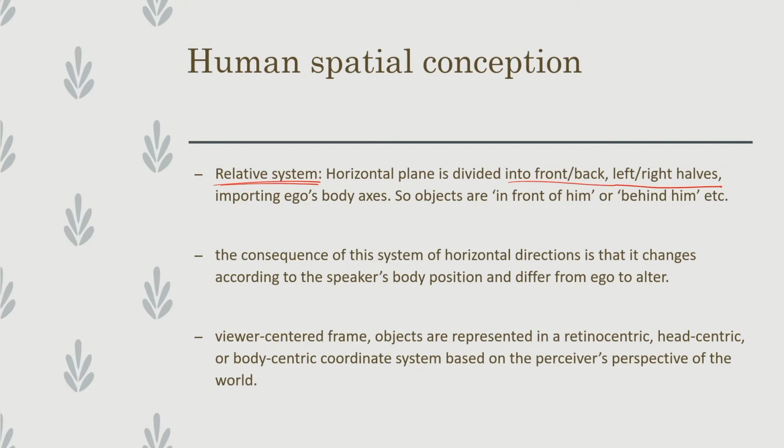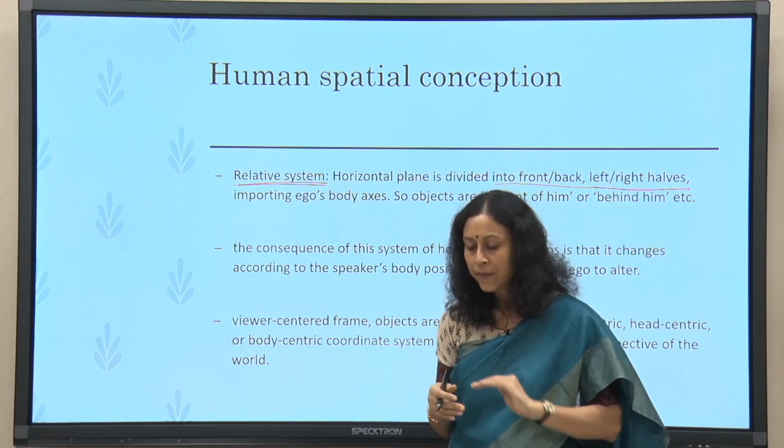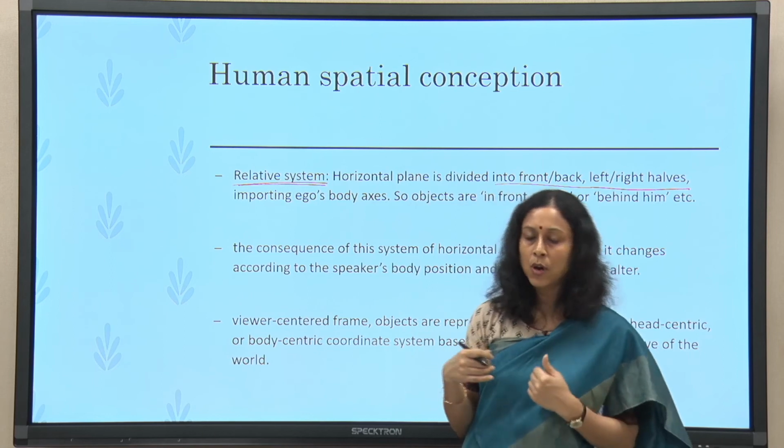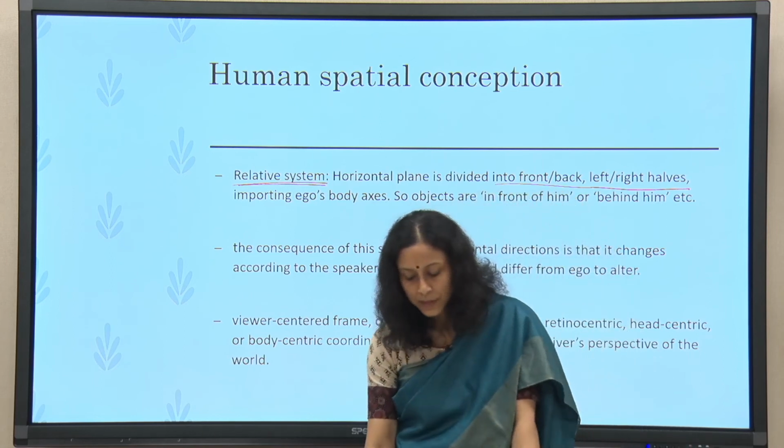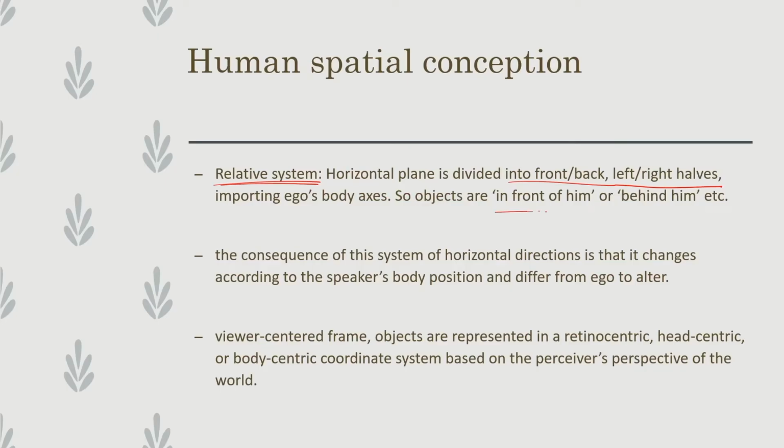Dependent on my orientation, the way I am located in space, taking that as a cue, now I can divide the horizontal axis into front, back, left, right and so on, and then talk about them in terms of in front of him, behind him and so on and so forth. So, the chair is in front of me, the screen is behind me and so on and so forth. So, this is what it means.